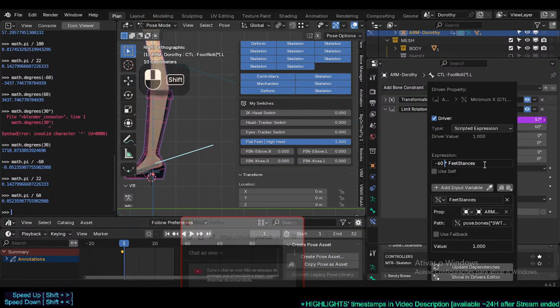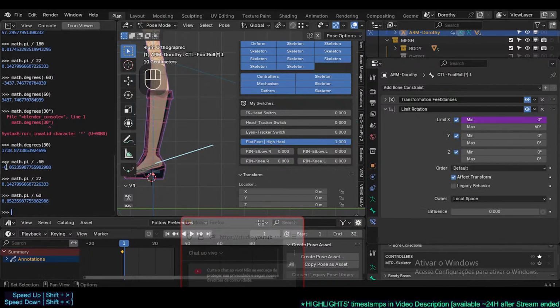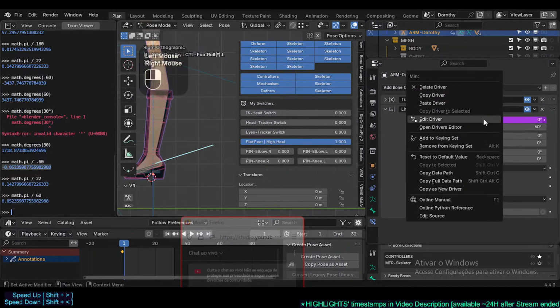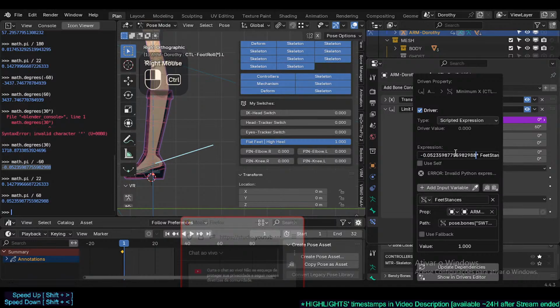-60 plus, no, it's not -6. It's actually this value here, which is an approximation, plus, it's certainly not this.